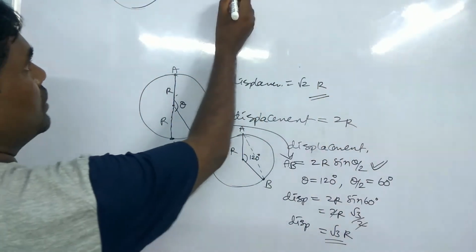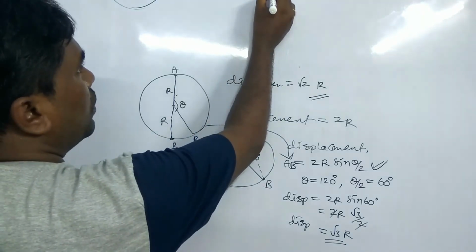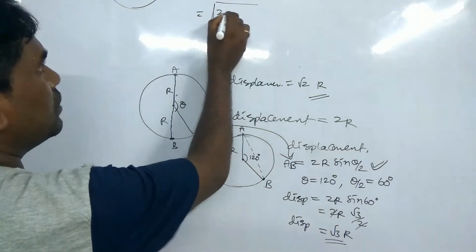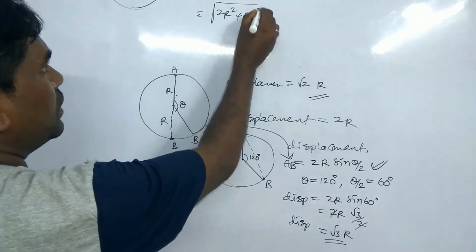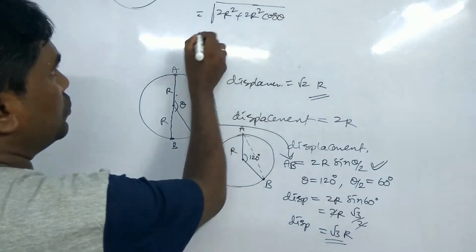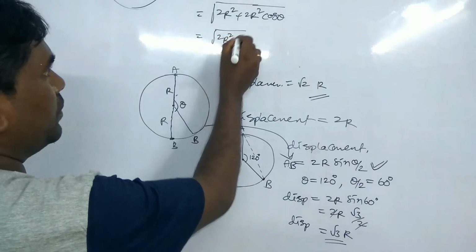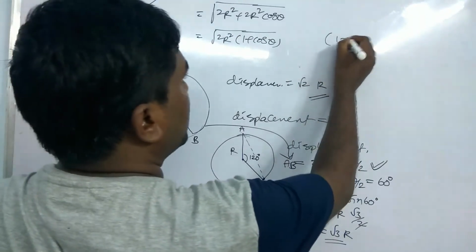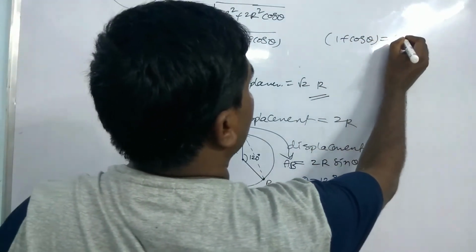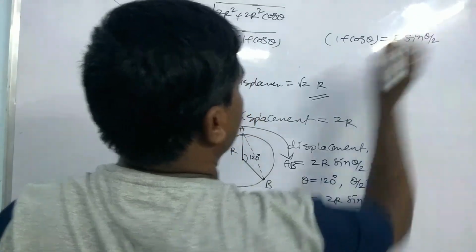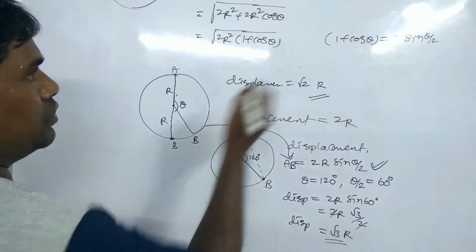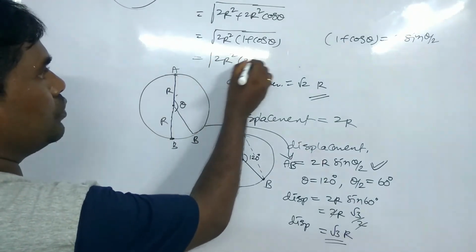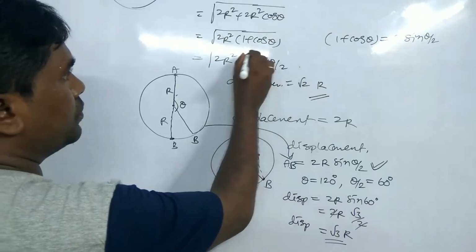From this we get 2r square plus 2r square cos theta. So 2r square is common: 1 plus cos theta. From the trigonometry formulas, 1 plus cos theta is equal to 2 sin square theta by 2.